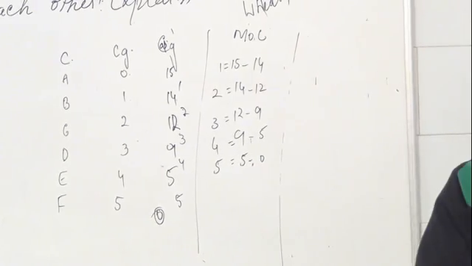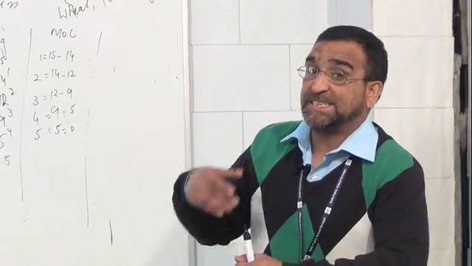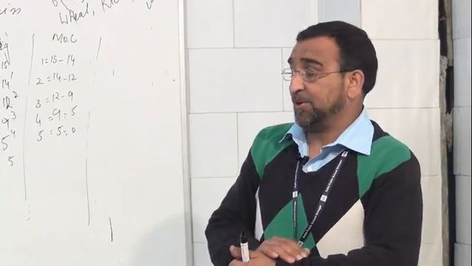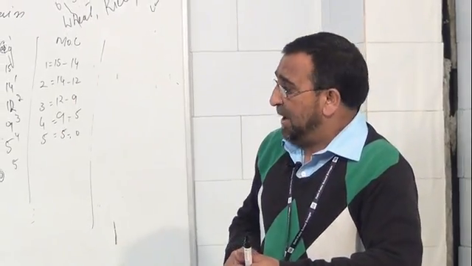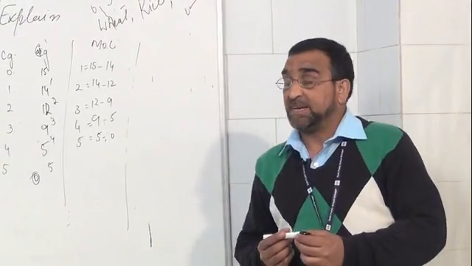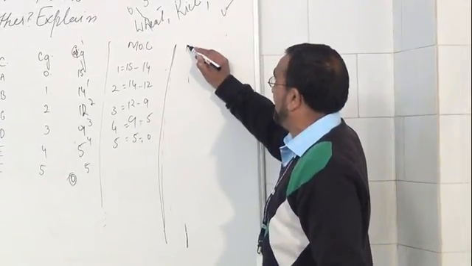So when we define marginal opportunity cost, it means how many units of one commodity you are sacrificing in order to produce 1 unit of another commodity. So this we call marginal opportunity cost, and in technical terms in economics, this we call marginal rate of transformation.